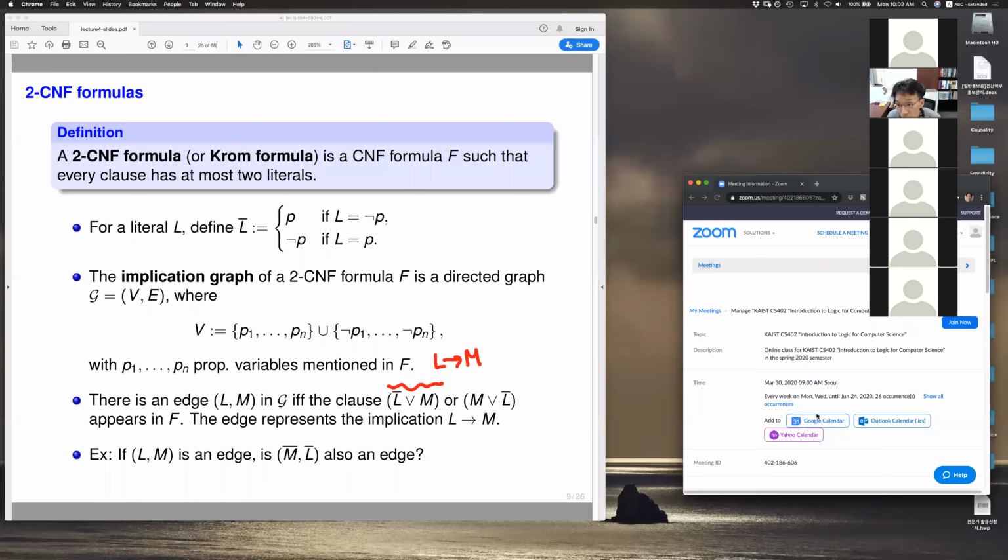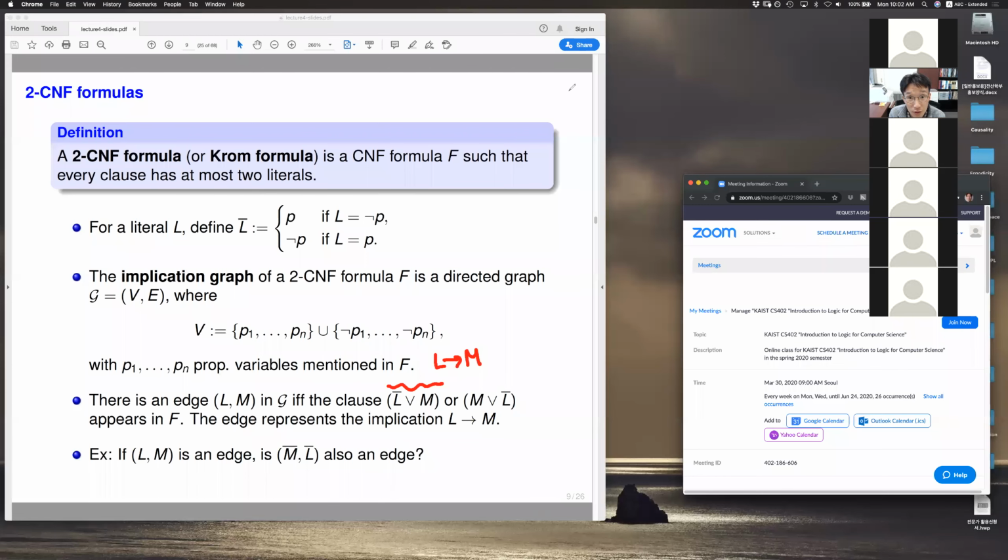This is the outcome of the poll, and the answer is yes. The reason is the contrapositive, which in Korean is called 대우.